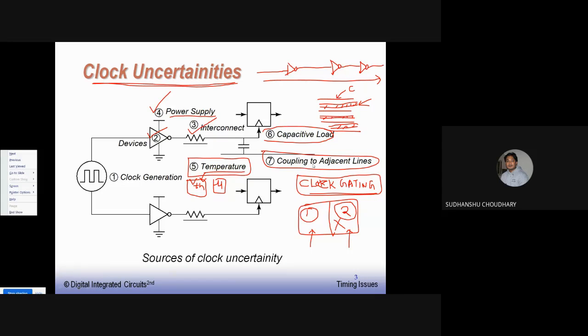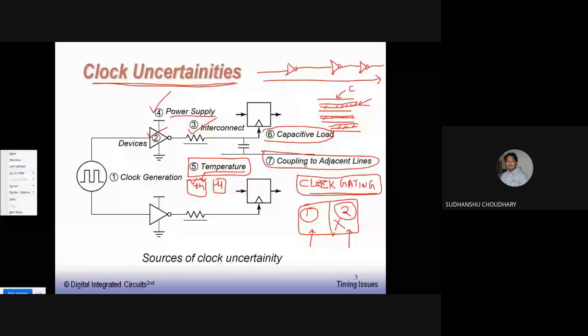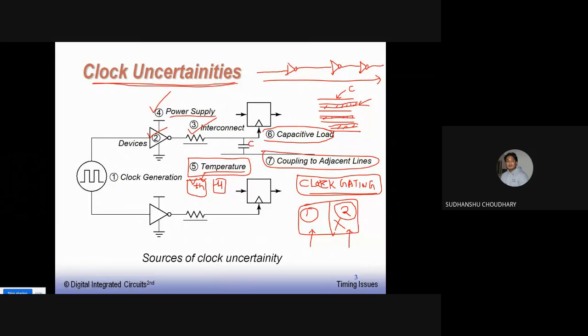Then coupling to adjacent lines. We understand we have very dense layouts today, so the interconnect lines are also very closely spaced. So obviously there is a possibility of mutual capacitances existing between two lines on the same layer. That means crosstalk, or what we call noise, between the two lines is possible. Because of the crosstalk between two lines, or because of mutual capacitance between these two lines, it is possible that any change on this line can affect the signal change on this line, right?